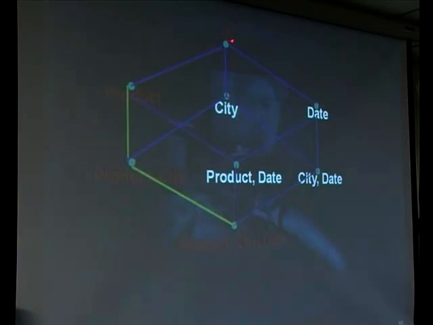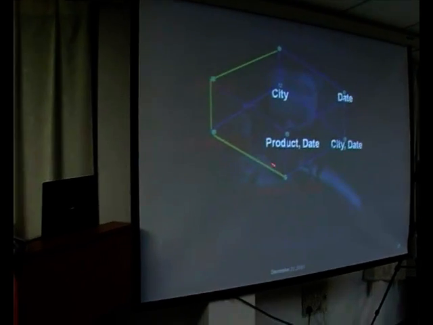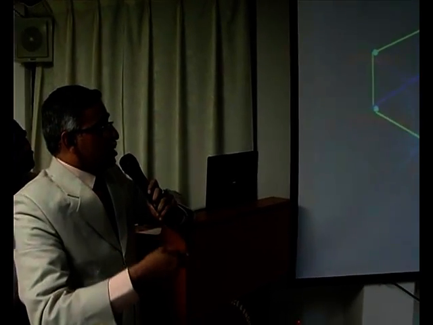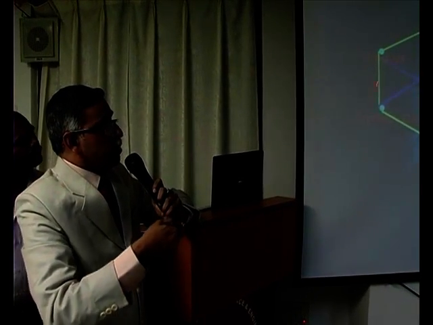Then from this we are computing the aggregations over all products. So moving from this concept to this concept, this concept to this concept, this concept to this concept is called a navigation. This navigation in OLAP is termed as roll up.